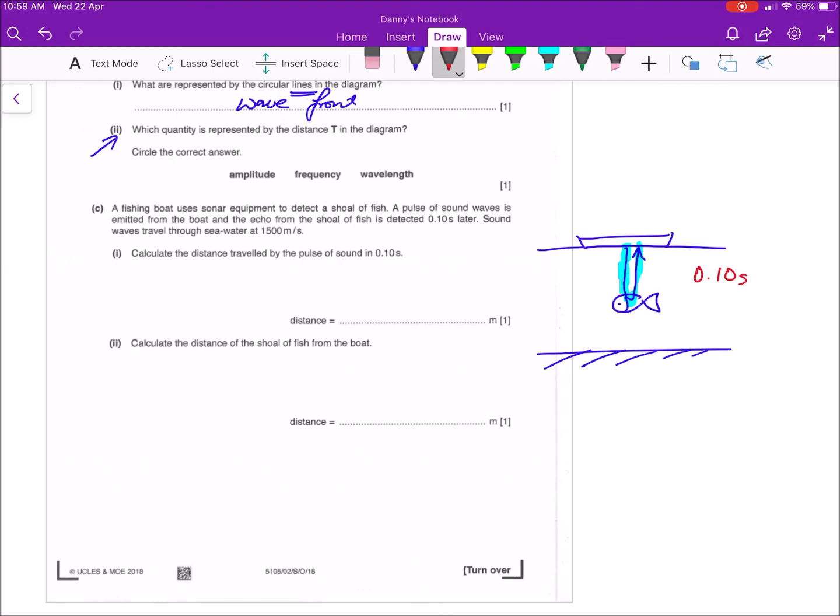You know that the speed of sound is 1500, and now you are being asked to find how deep is the fish. So when the sound travels within 0.10 second, it actually travels 1D, 2D. Okay, the rest you go and work it out down here.